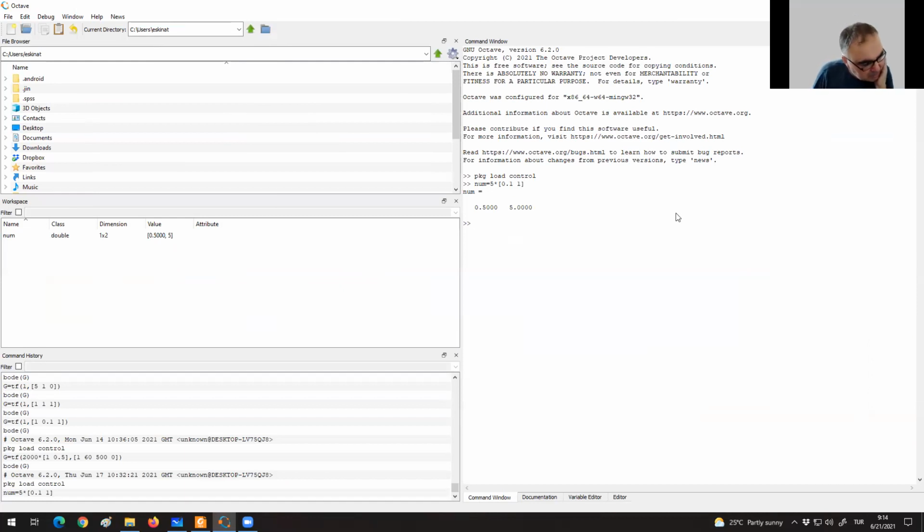Yeah. So this is the numerator. The denominator will be the multiplication of... it's called the convolution, but don't worry about it. 0.5 and 1.